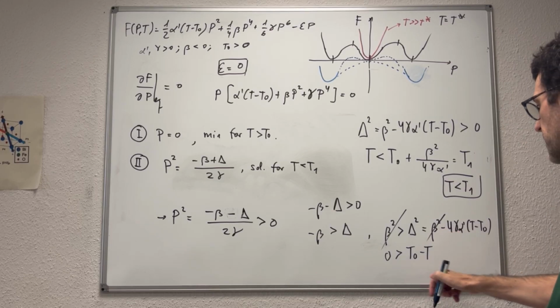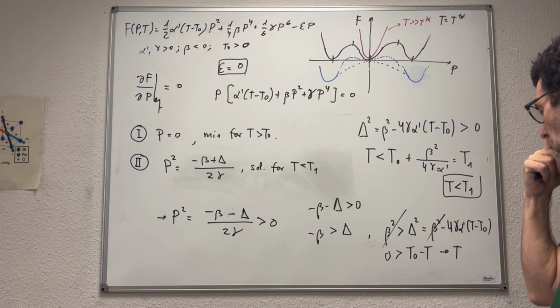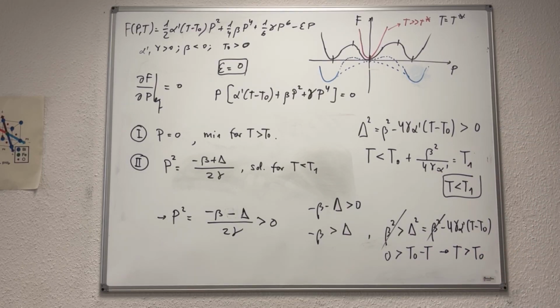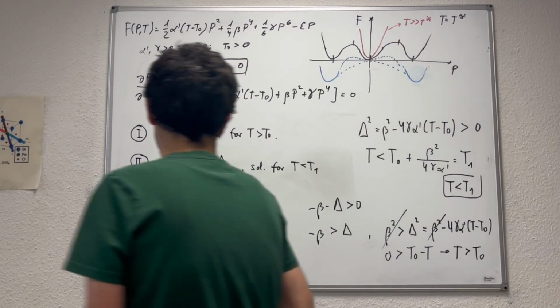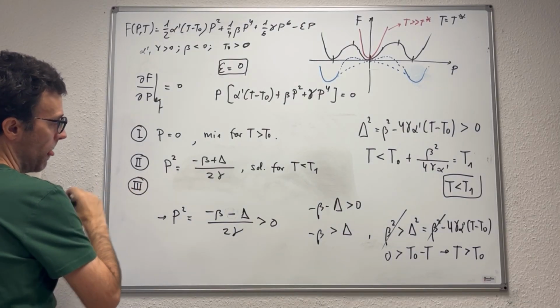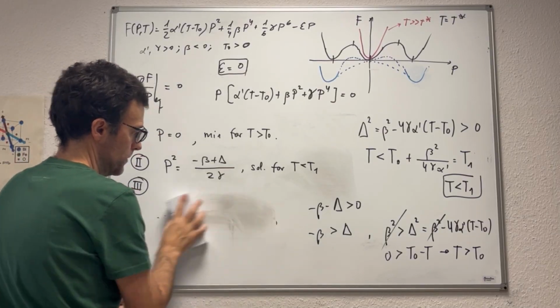I am using the minus sign, which means that the temperature has to be bigger than t0. What a convoluted situation, right? So we have a third solution, third category of solutions.